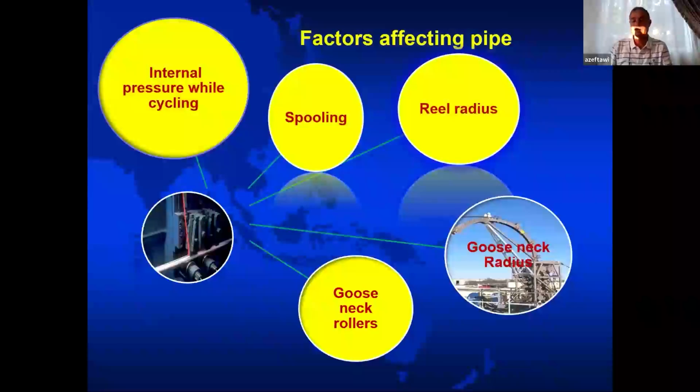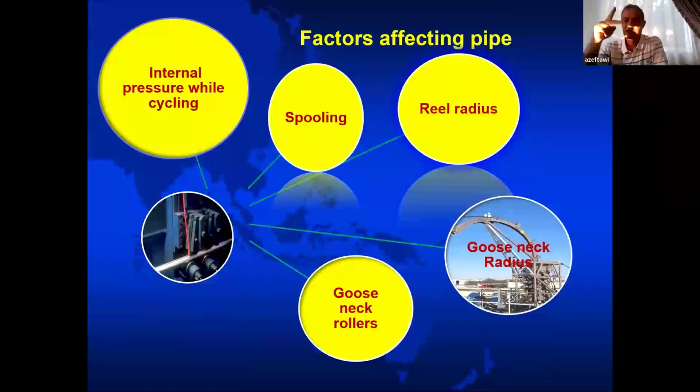If we talk about the factors affecting the pipe life, if you look at this slide, the biggest circle I made contains two main killers: internal pressure while cycling. You find this exactly when you do an acid job and you reach the perforation, and then the company man asks you, while pumping acid, to reciprocate the pipe up and down across the perfs.